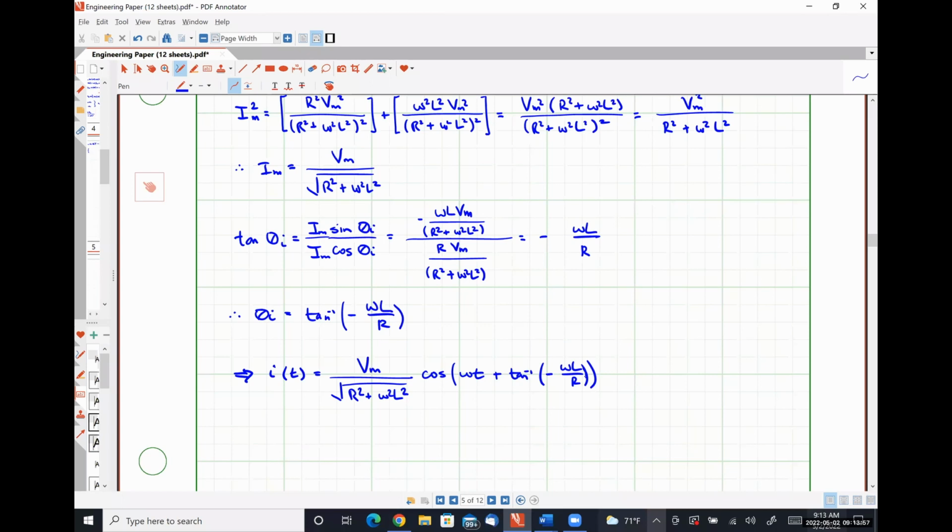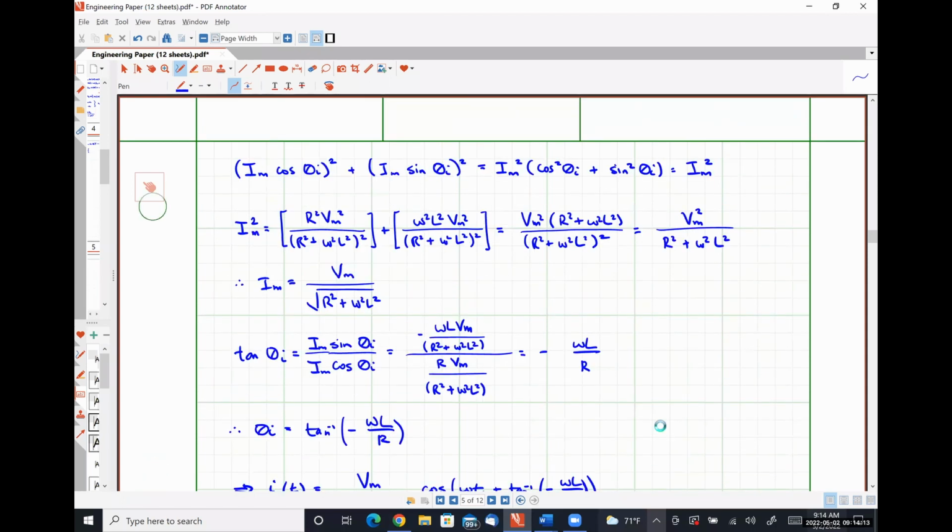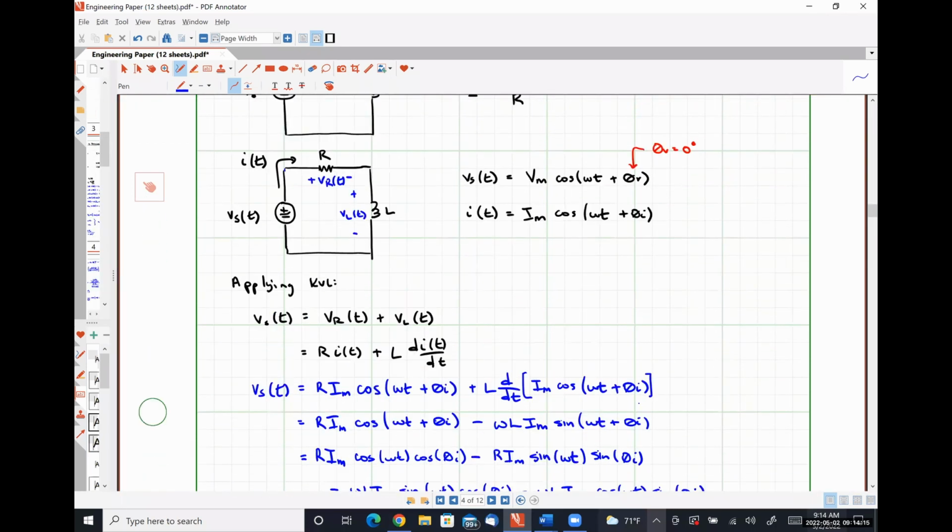Took us half an hour for a circuit containing literally two components. Now, let's take a moment here to throw some numbers in and make sure that we're not absolutely insane, all right? So let's circle back to our original example.